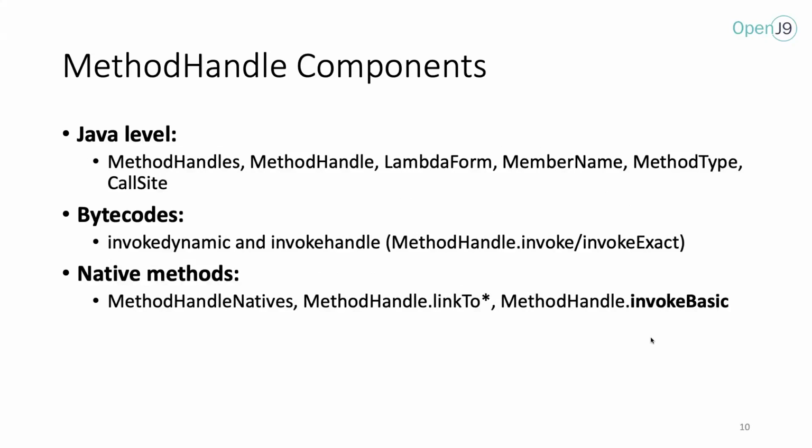These bytecodes already existed in the old OpenJ9 implementation, but they had to be re-implemented in both the VM and JIT to work with the OpenJDK MethodHandle implementation.